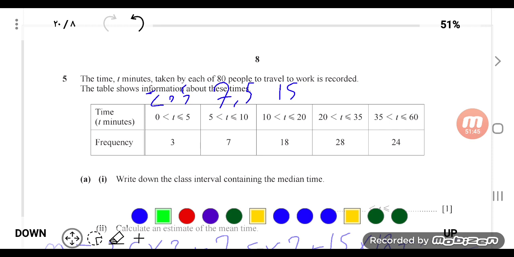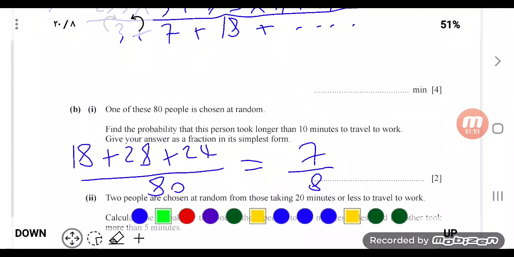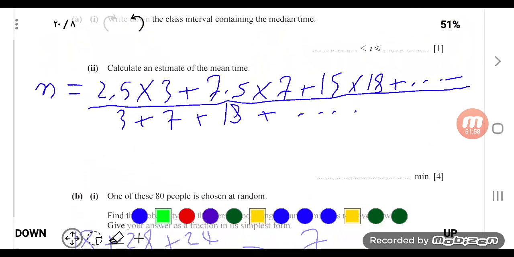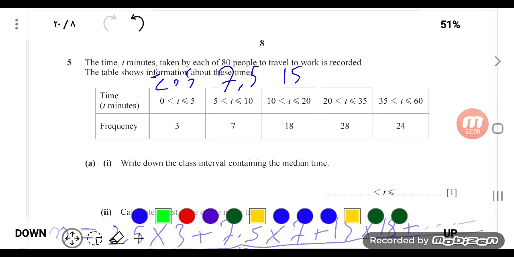If you count, we are choosing out of 28 in the question, 2 people chosen at random from those taking 20 minutes or less, which means we are choosing out of 18 plus 7 plus 3. Out of these, how many took less than 5 minutes? 3. How many took more than 5? 25.